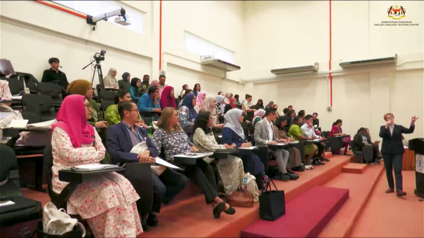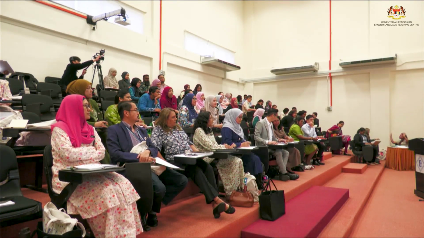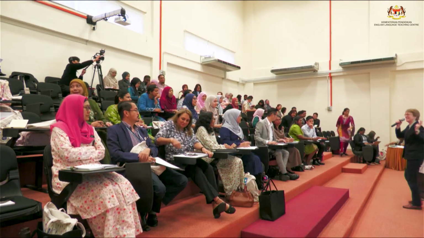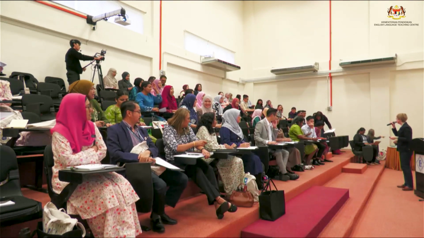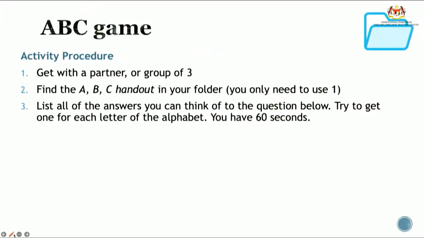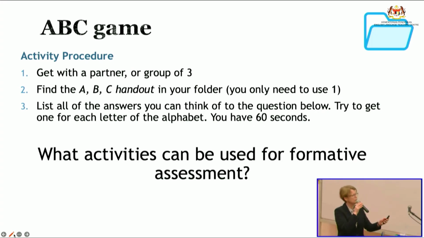So it's going to be 26 answers if you can in 60 seconds. I don't know, we'll see. Okay, everybody understands what to do? Okay, let me get my timer ready. Okay, so 60 seconds. What activities can be used for formative assessment? Begin.